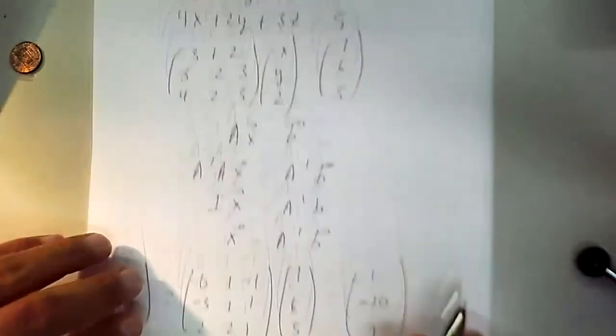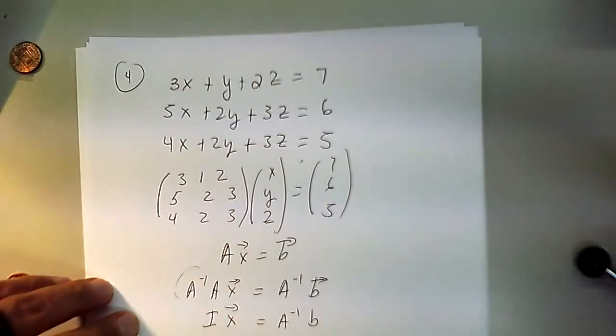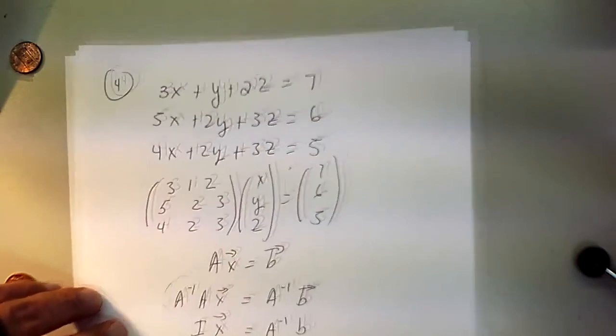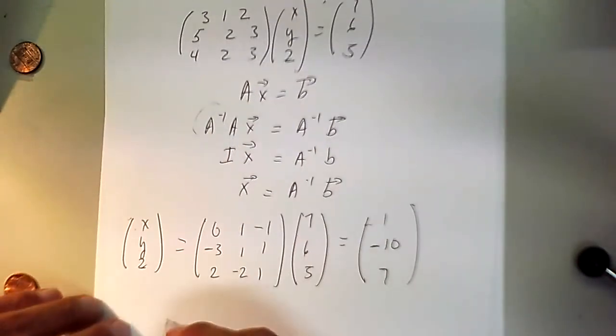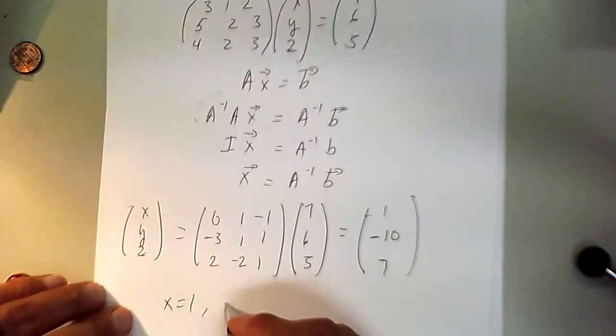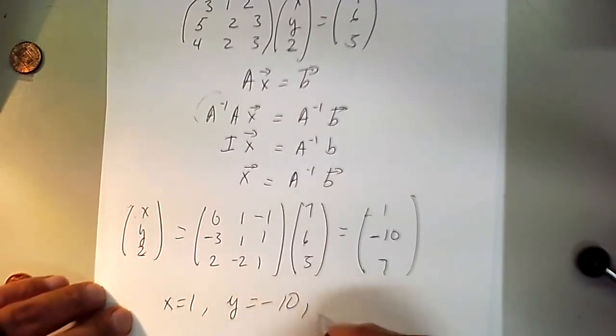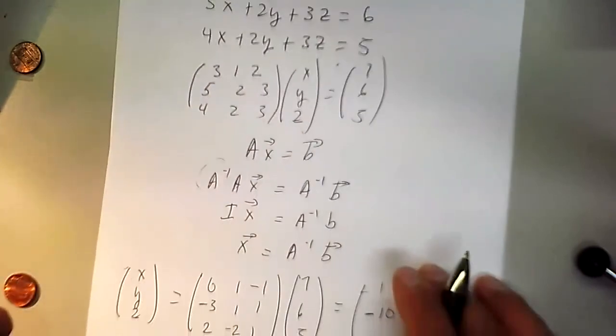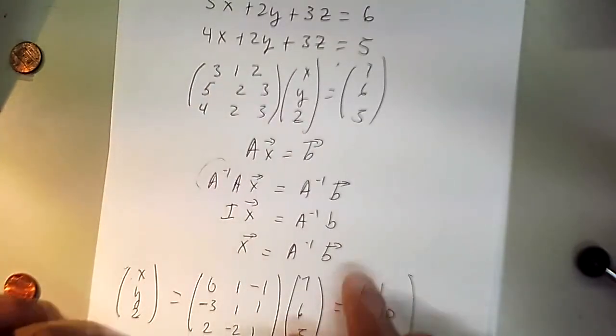So it looks like if you were given this system of equations, the answer for X is 1. The answer for Y is -10. The answer for Z is 7. 1, -10, 7.